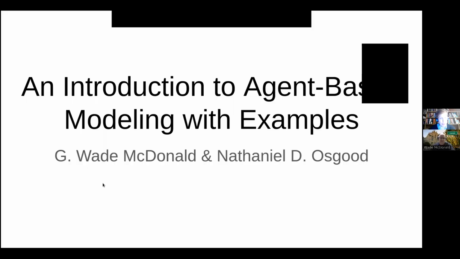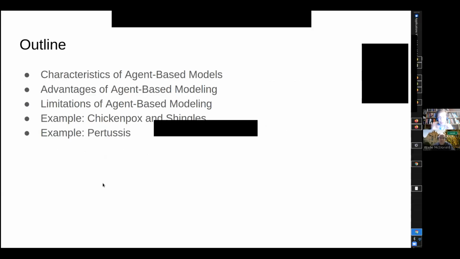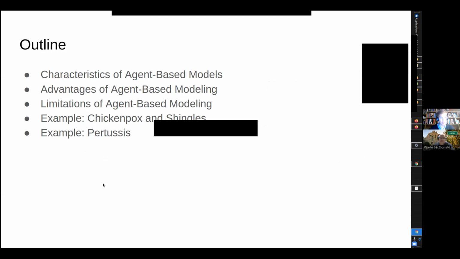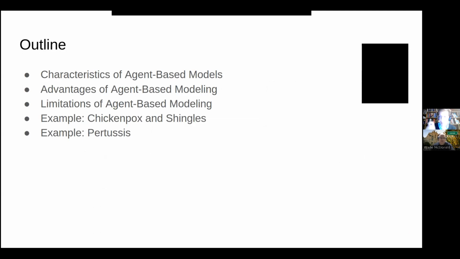Within this talk, we are going to first take a look at some basic characteristics of agent-based models, speak about some of the advantages of modeling in this fashion, but also some of the limitations. We're going to be talking about a chickenpox and shingles example first, and then a pertussis example second.